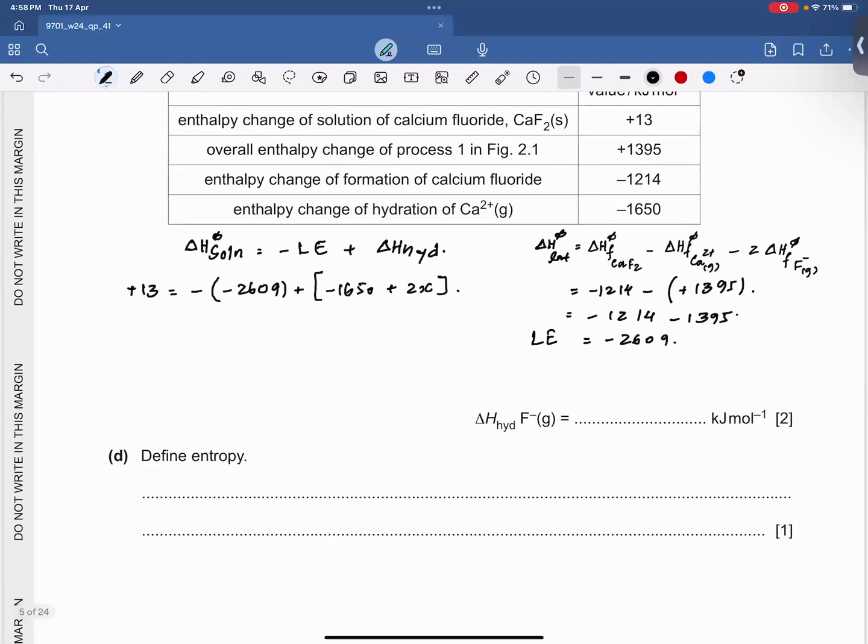Let me calculate the value. Plus 13 equals plus 2609 minus 1650 plus 2X. So the value of X from here is going to be minus 473 kilojoules per mole.